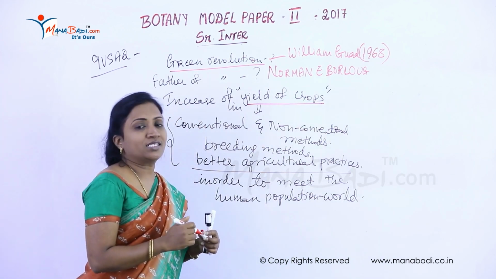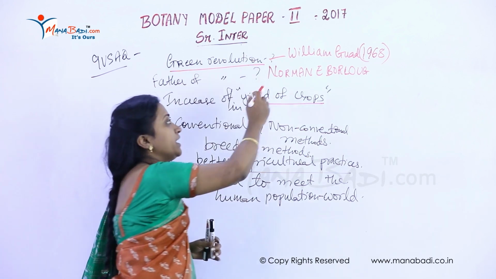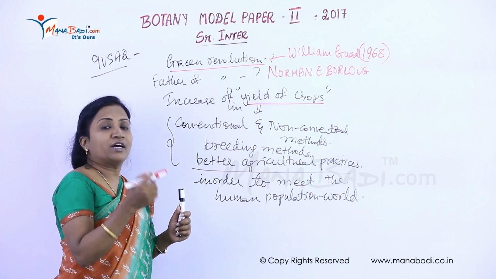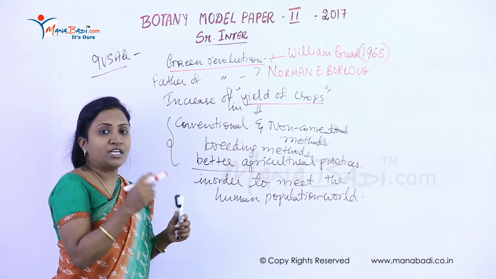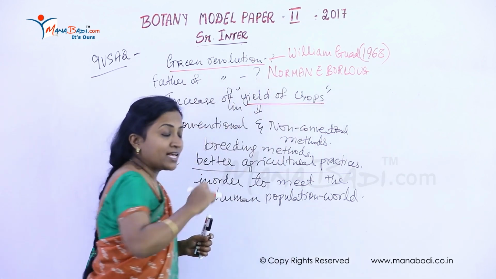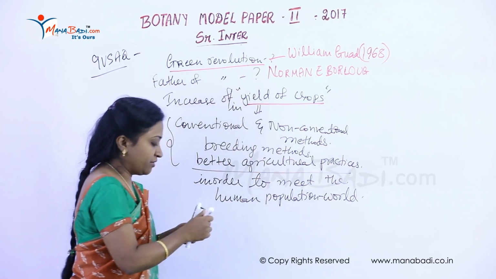Norman E. Borlaug was the person who first introduced this green revolution, and that is why he is regarded as the father of green revolution.